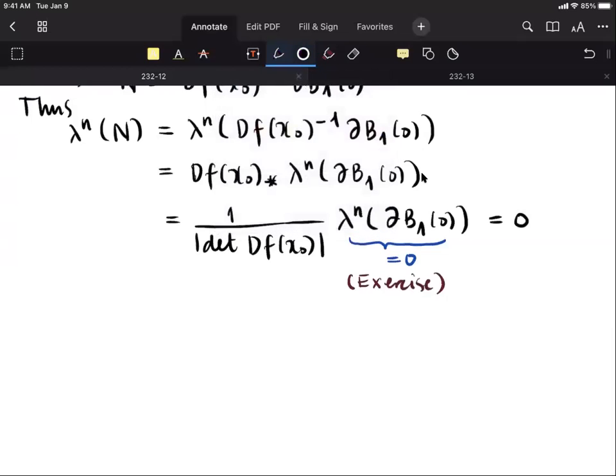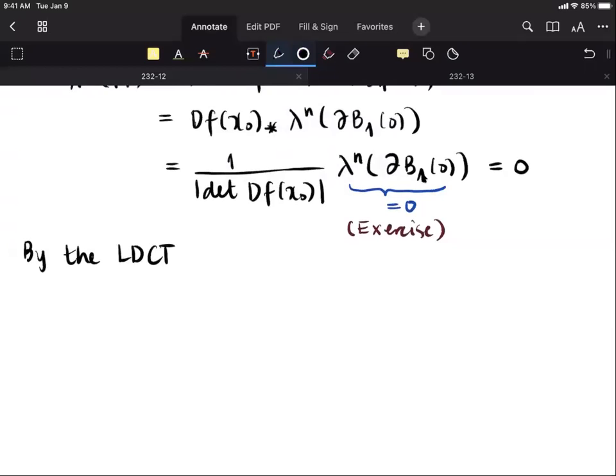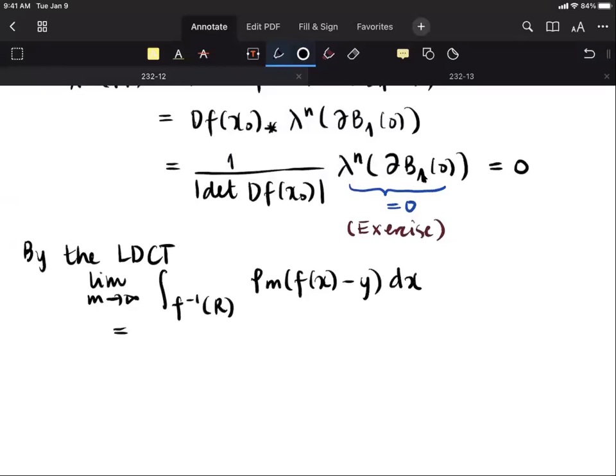Now, you can verify that the assumptions for the Lebesgue-dominated convergence theorem are satisfied. Hence, the limit of the integral of rho m, f of x minus y dx is the same as the Lebesgue integral over R^n.